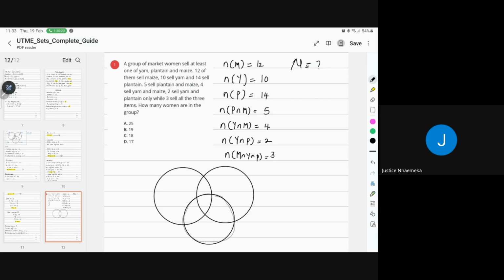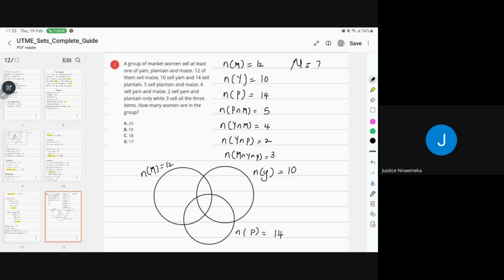Because of space, I will not draw the box. So n of maize is 12, n of yam is 10, n of plantain is 14.